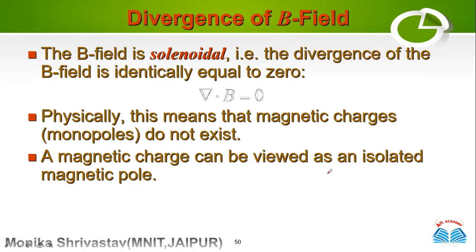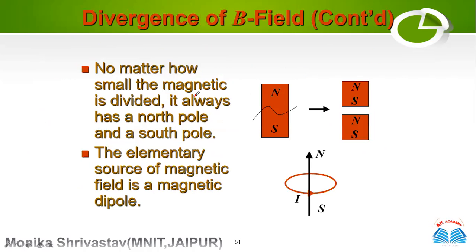A magnetic charge can be viewed as an isolated magnetic pole. So if there is no magnetic charge, there is no magnetic monopole. So there is always a magnetic dipole. No matter how small the magnet is divided, it always has a north pole and south pole. If this is a magnet, let's suppose, and I cut this magnet like this into two pieces, those two pieces separately will be two different magnets.